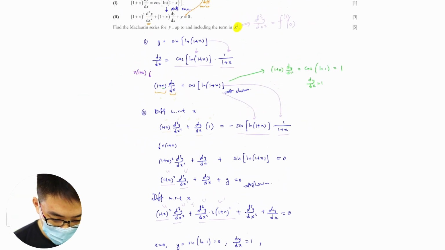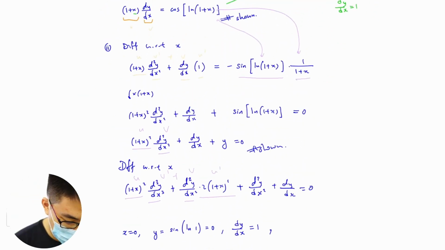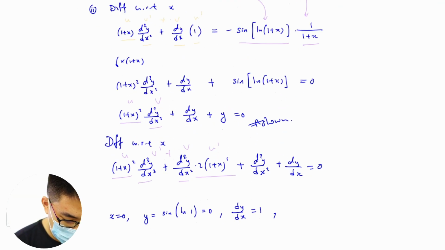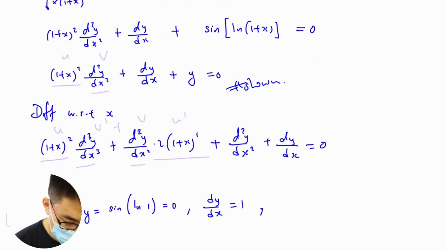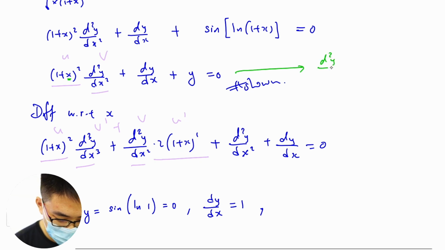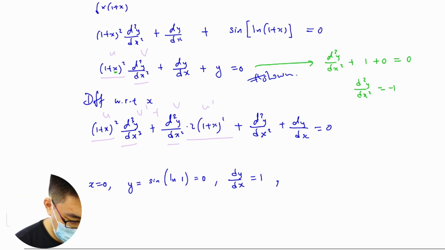Okay, then d squared y dx squared will be here. This one here. Okay, just go and find it out. This is 0, so it's quite easy. It's d squared y dx squared plus dy dx, which is 1, plus 0. This one here.